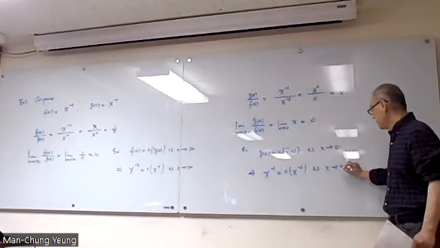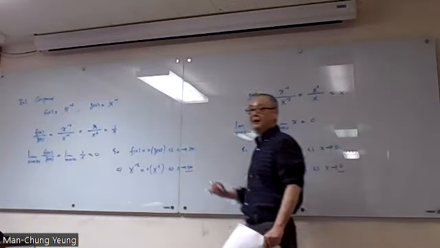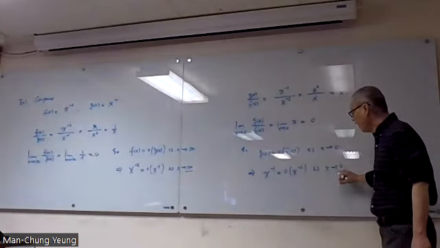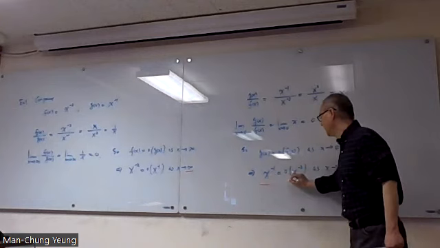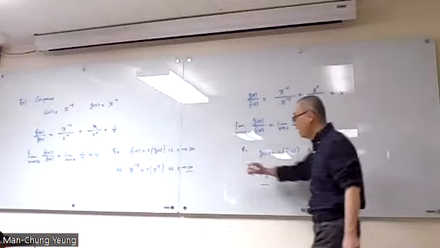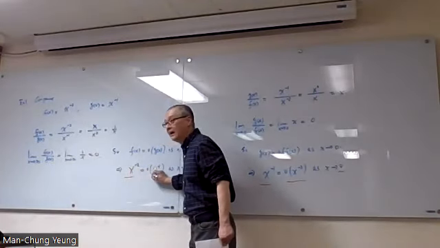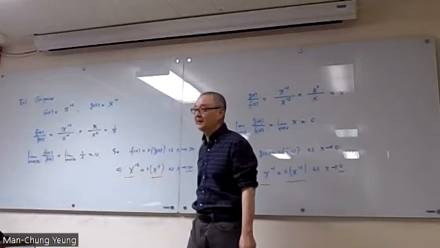So specify this point, very important. At 0, x to the -1 is little o of x to the -2. At infinity, x to the -2 is little o of x to the -1.